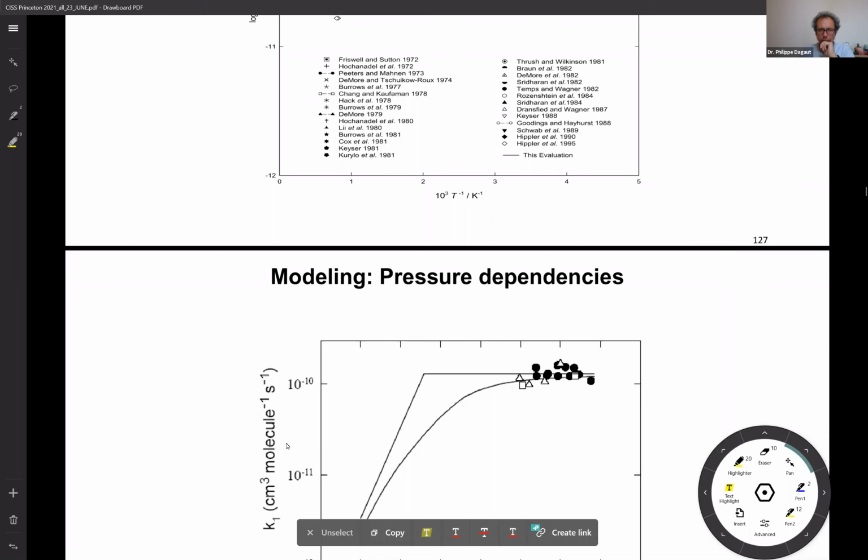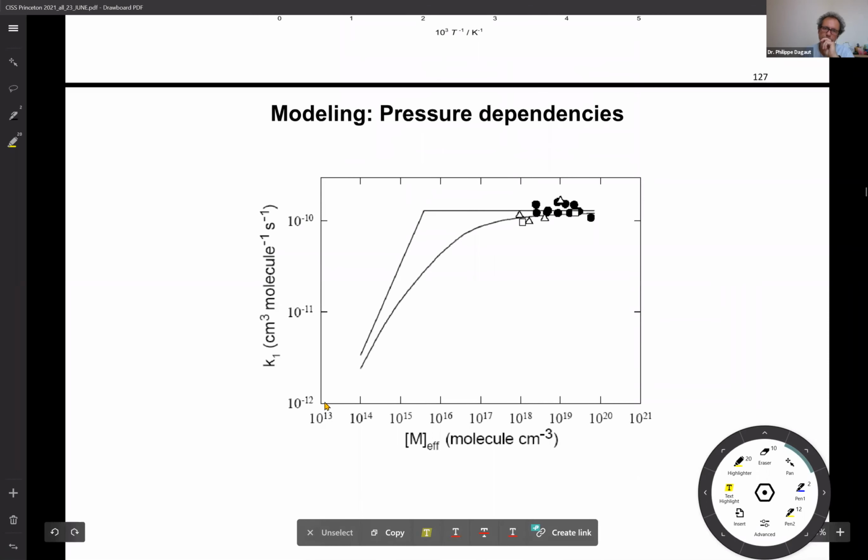When you vary the pressure, you can get an increase of the rate constant, which doesn't fully follow a linear increase in the log scale representation here. So this line represents the low pressure rate constant, and this is the high pressure limit.